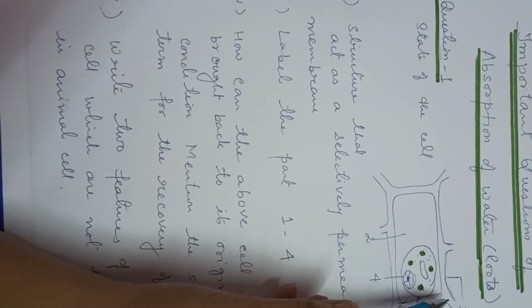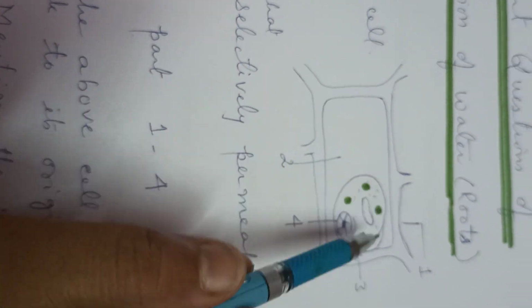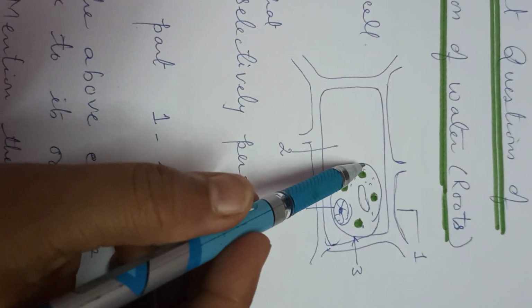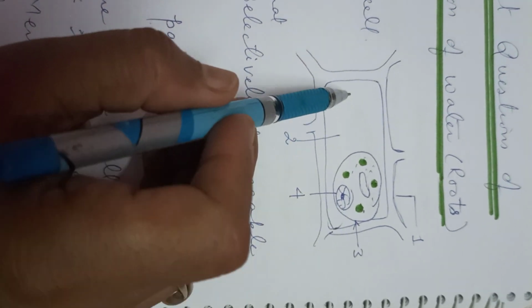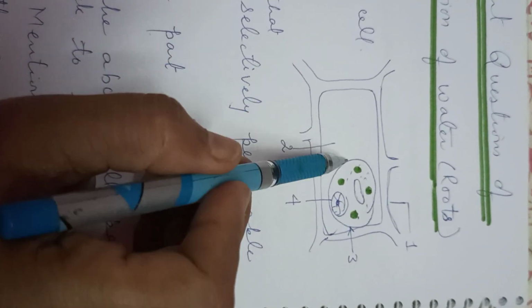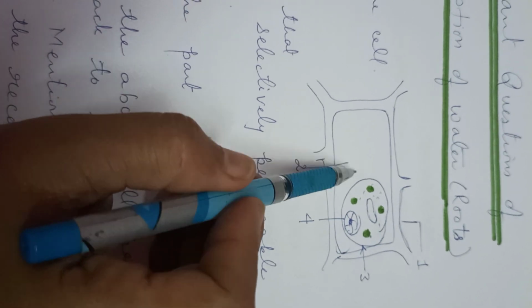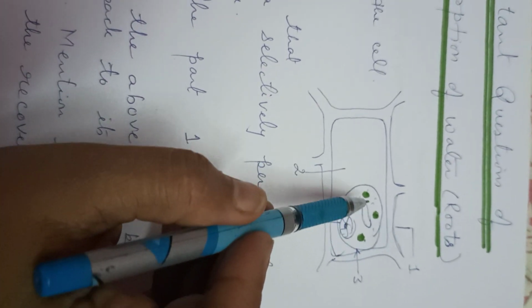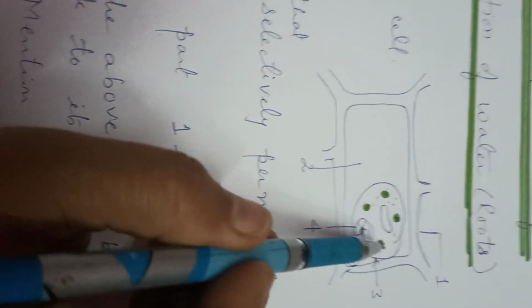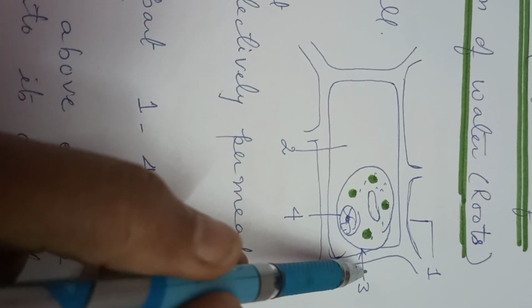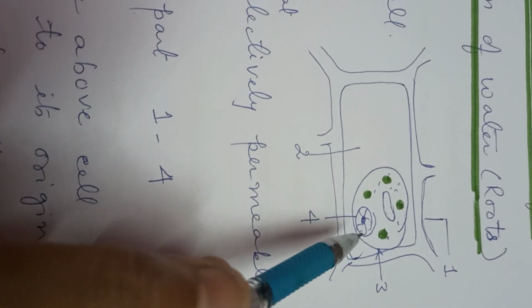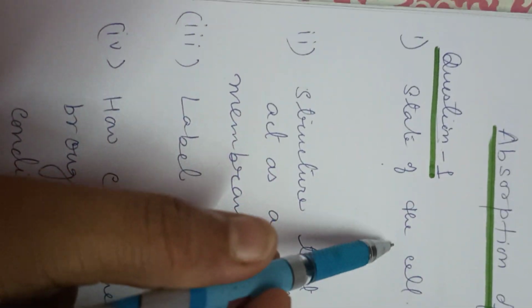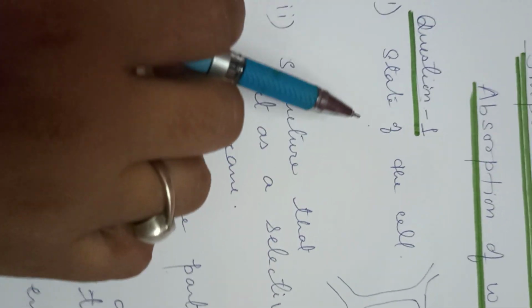A diagram is here and you can observe in this diagram the whole cell content is towards one side, leaving a place which looks vacant, but actually it is not vacant, and the plasma membrane is shifted towards one side of the cell. Now the question is the state of the cell, that means what is the condition of the cell.